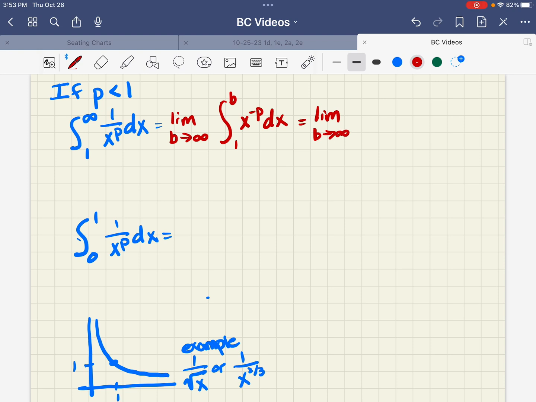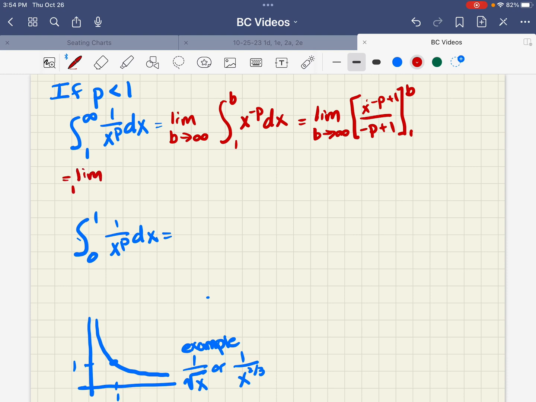So x to the negative p, remember we're undoing the power rule. So we have x to the negative p plus 1 over negative p plus 1. So this looks exactly like what we had on the last page, with the last case, except if p is less than 1, negative p plus 1 is now a positive value. So I am not going to put that x in the denominator, because x to the negative p plus 1 is x to a positive power. All right, so let's try doing this one.